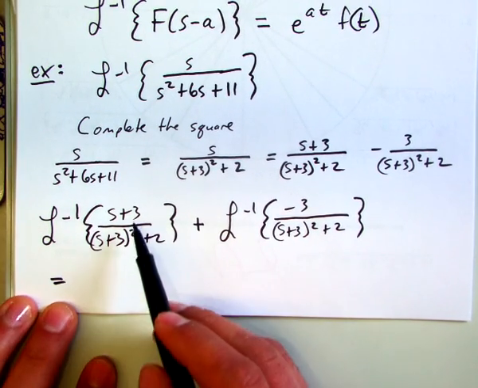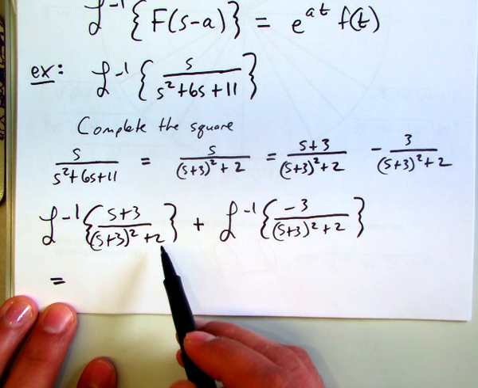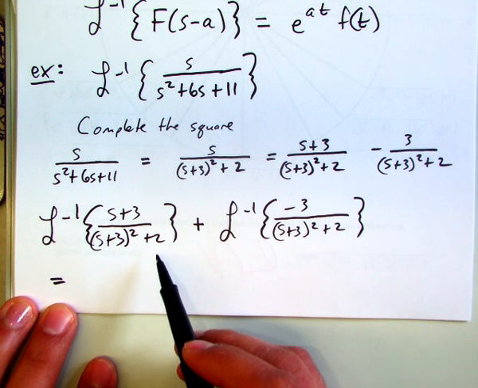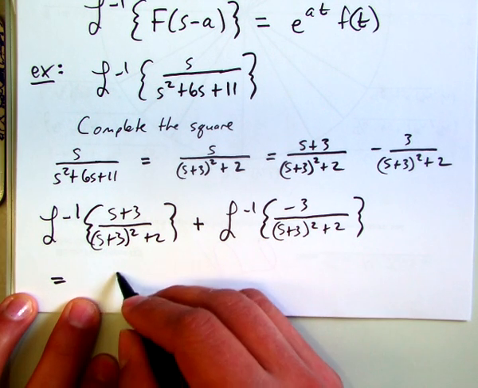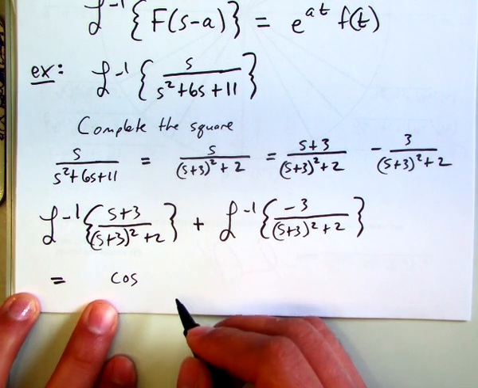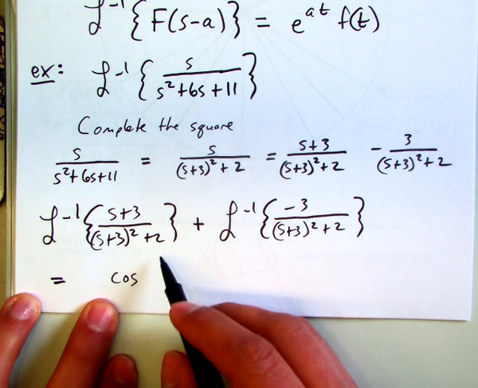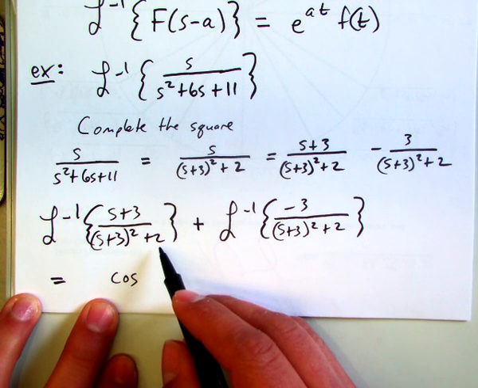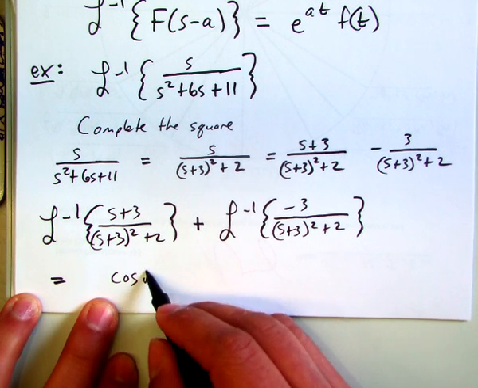This looks like s squared and 2, right? So what function is that? Cosine. So it's going to be cosine of what? Root 2 times t.